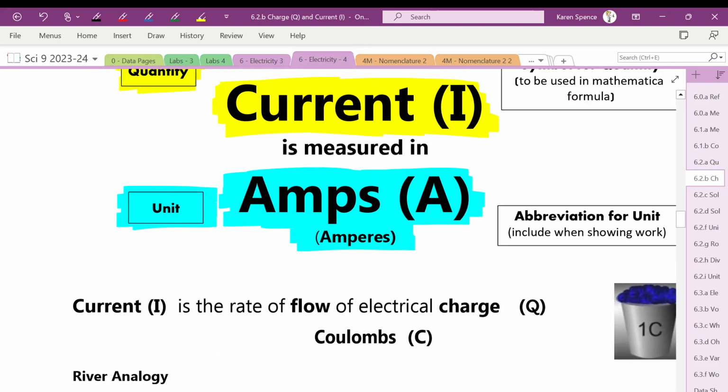So current, I, is the rate of flow of electrical charge. And remember the abbreviation for charge is Q, because that stands for quantity of charge.